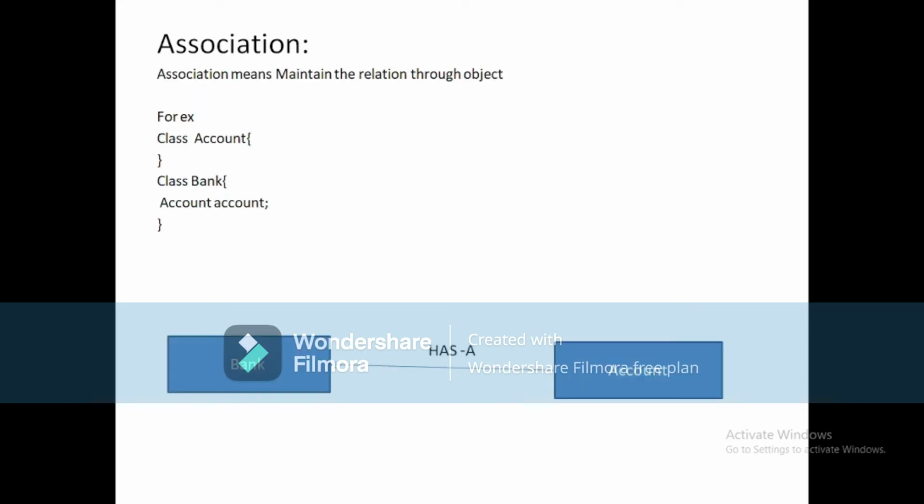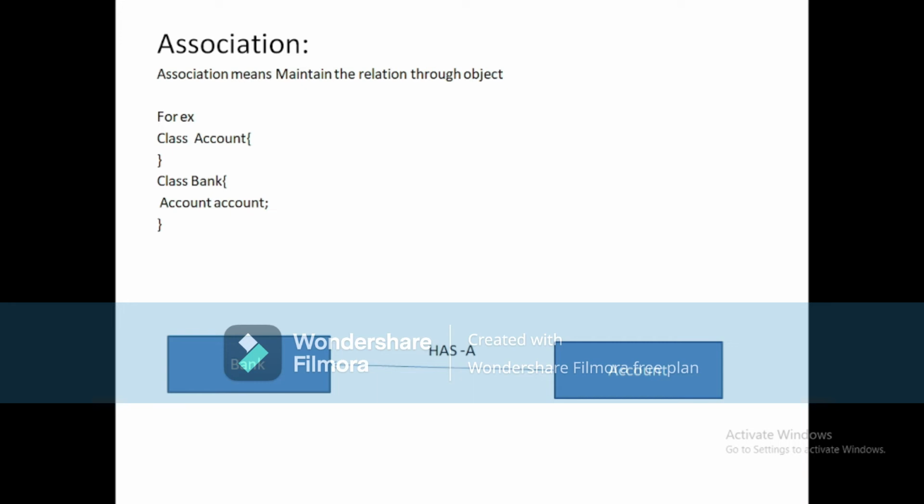Let's check another. The next relationship is association. So what is association? Basically, association is maintained through objects. We can maintain the association through objects only. If I have one class that has an association with another class, then I will use the instance of that class in this class.